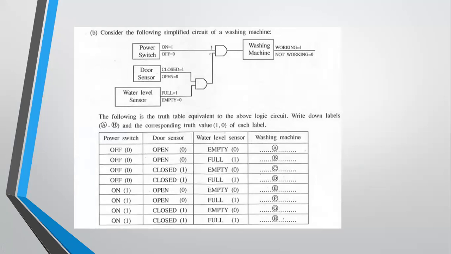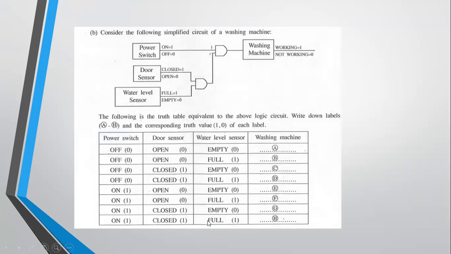So E and F also become 0. The G situation, the power switch on, the door is closed, and the water level is empty. So the machine should be off. G should be off.